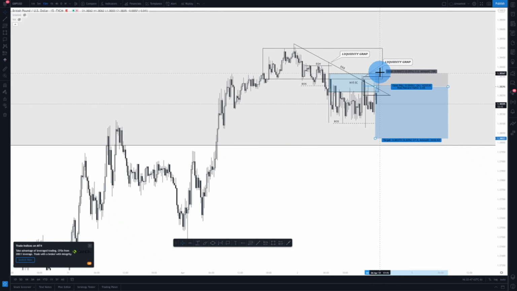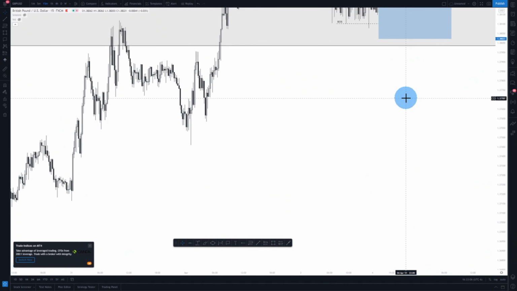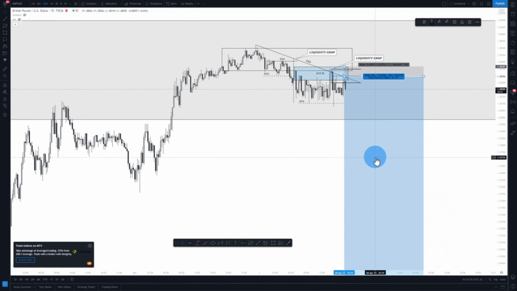Our stop loss can be just around over here, a bit up, 7 pips. Our take profit must be our daily low or our daily high, depending on if you are buying or selling. So this will be a 1:22 risk ratio trade.